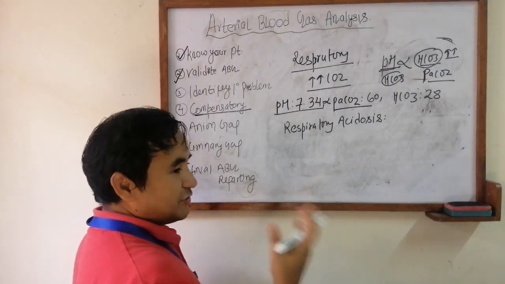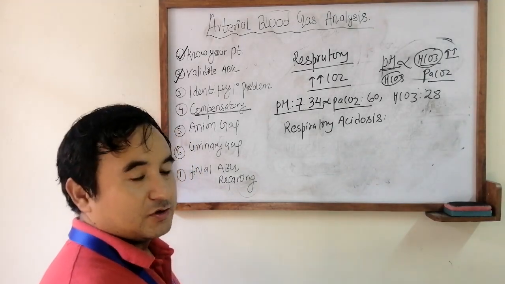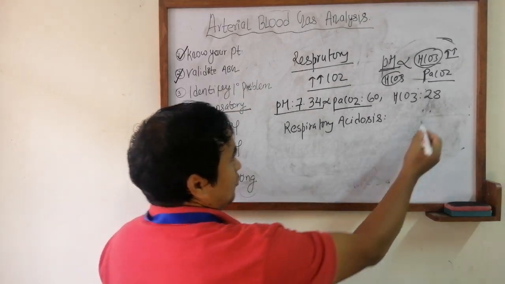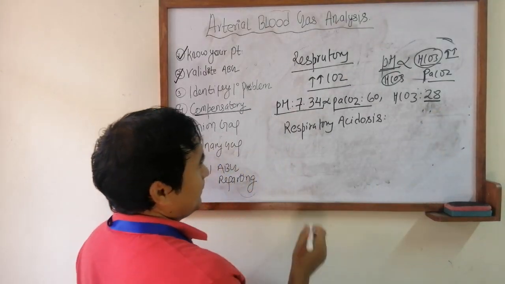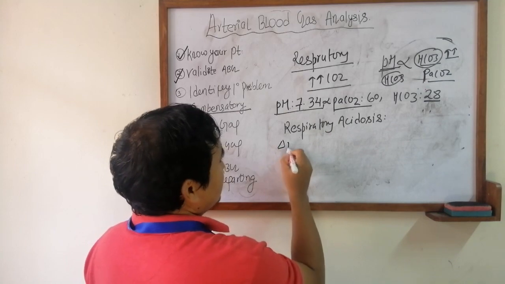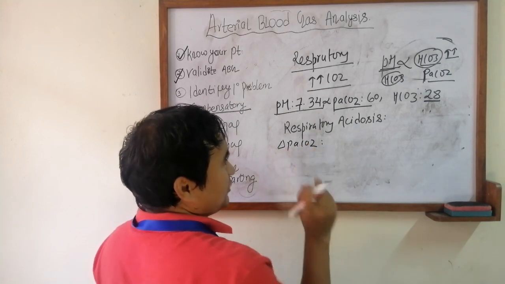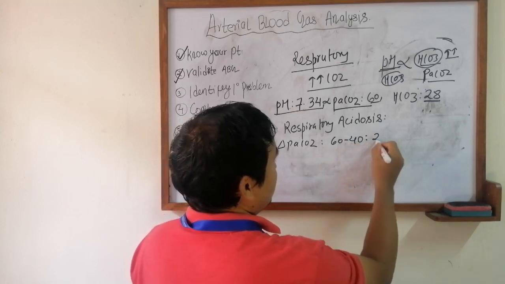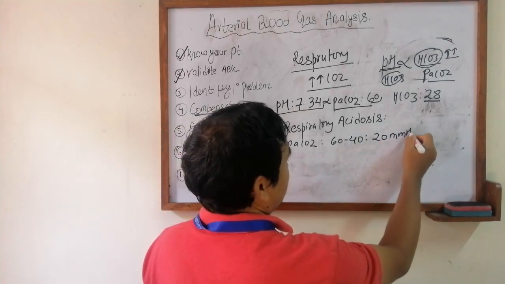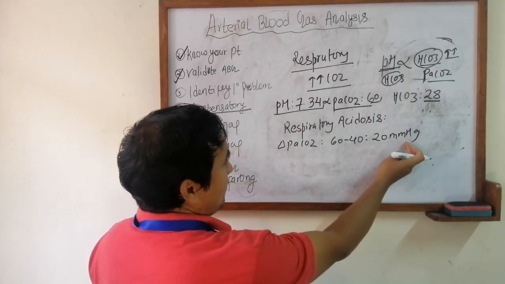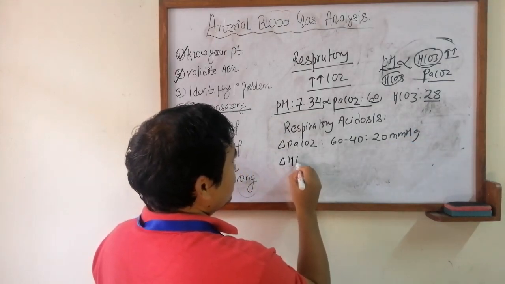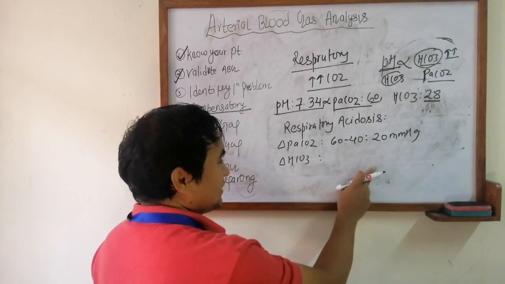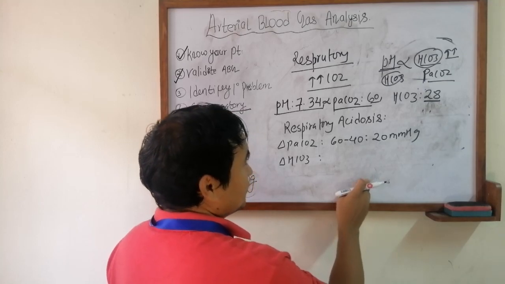And if the history is chronic, there are ways to find out whether it is acute or chronic, but let us go with that. Let's suppose it is a chronic one. Normal PCO2 is 40 but here it is 60, so it changes by 60 minus 40 equals 20 mm Hg. If PCO2 changes by 20 mm Hg, then bicarbonate should change, with every 10 change in the chronic state, by 3.5.